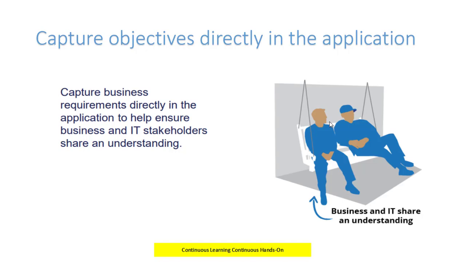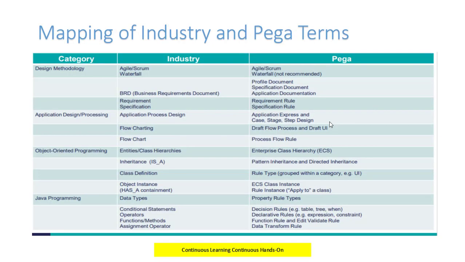That's where the project moves forward. For every business, we should have the common objectives, or direct capture of objectives, where business comes up with the requirements and IT shares that understanding.